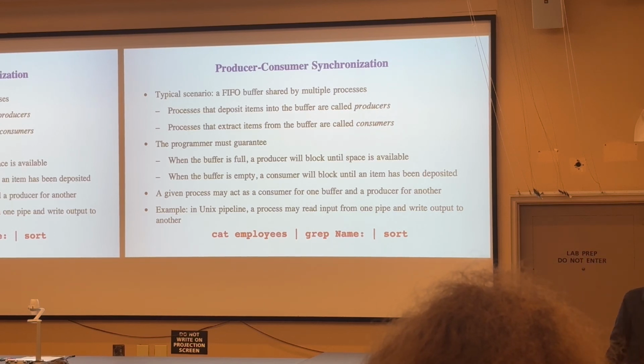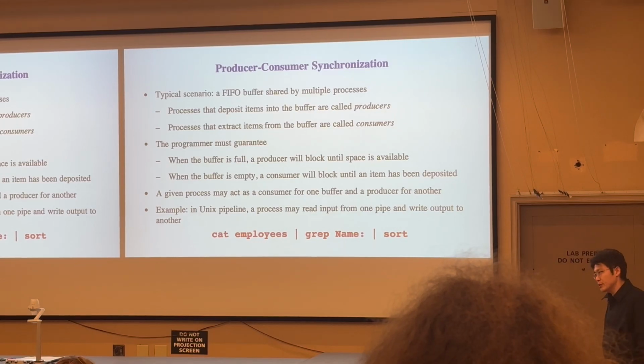That's the usage scenario. In this scenario, there is a first in first out buffer shared by multiple processes, and the processes that deposit items into the buffer are the producers, and processes that extract items from the buffer are called consumers.